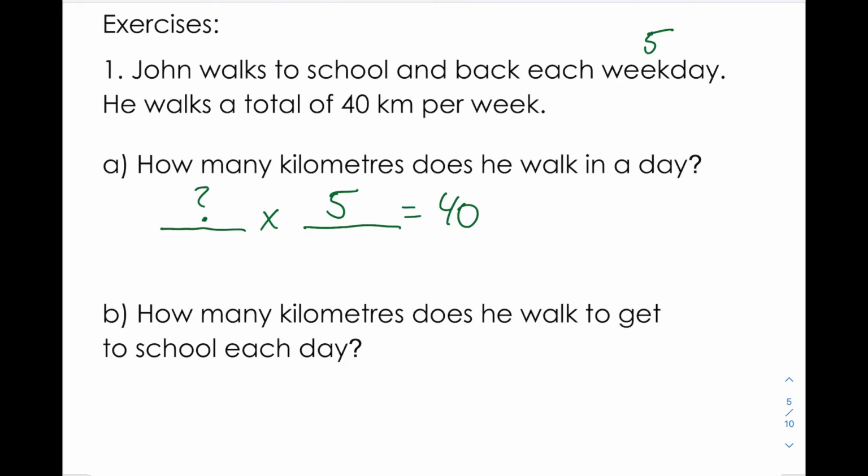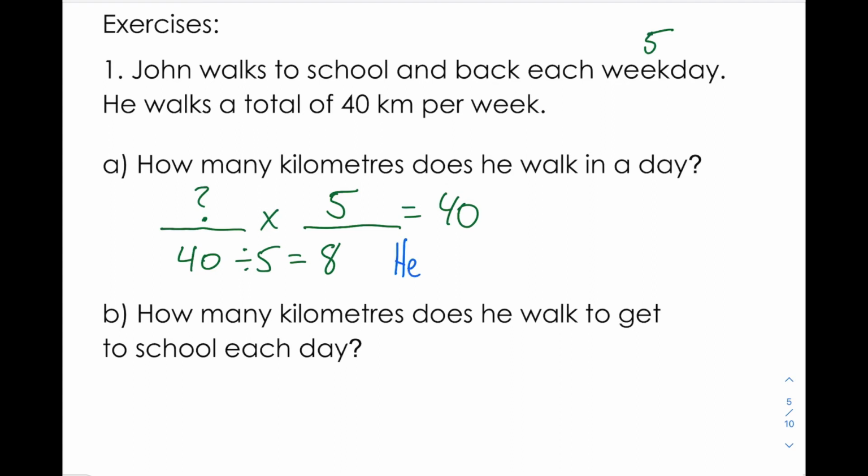We can rewrite that as a division sentence. 40 divided by 5 equals the number he walks each day. From your multiplication facts, you should know that 8 times 5 is 40, so that means 40 divided by 5 is 8, and your sentence would say he walks 8 kilometers each day.